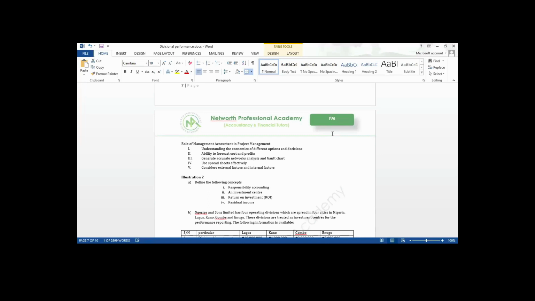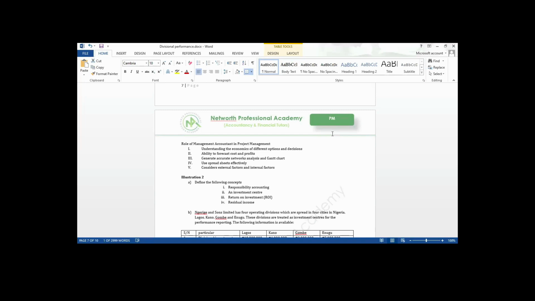Let's assume that your company is to deploy a new software. That's a project now. Your company wants to deploy a new software. The IT team is to develop a new software. What is your role as a management accountant?